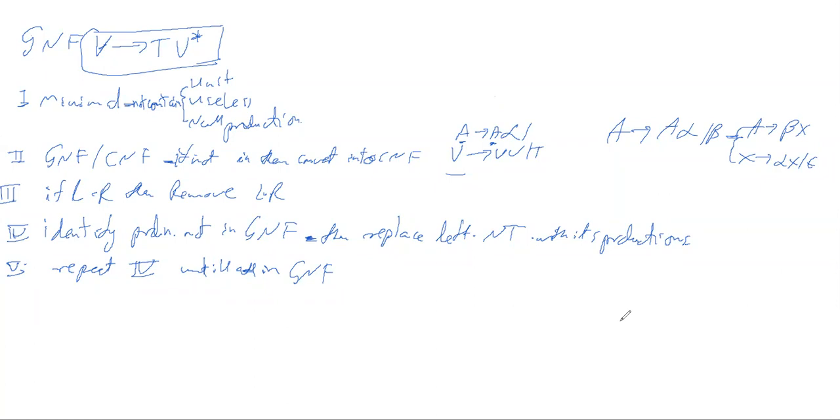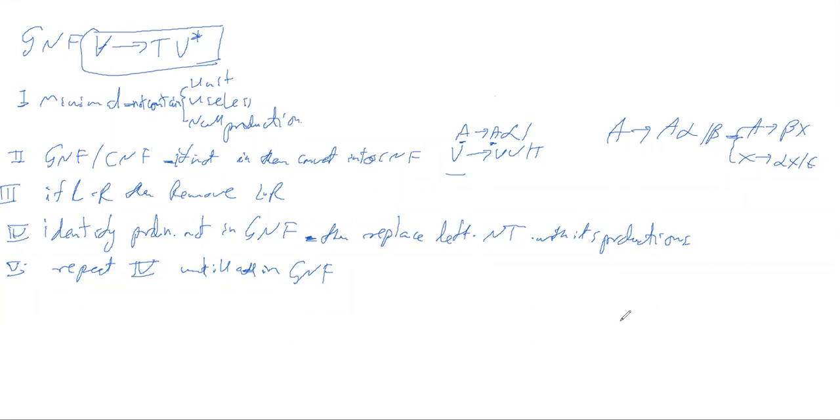But if the production is CNF, the right hand side of the production may contain some non-terminals, and if that non-terminal is same as the left hand side of the production, then definitely there is a chance of getting left recursion. So if left recursion exists, then remove it by applying the rule A implies Aα/β into A implies βX and X implies αX/null. We have seen all those types of production conversions.